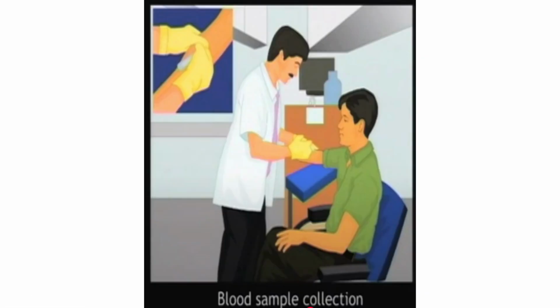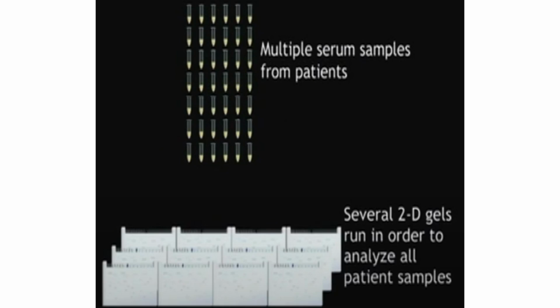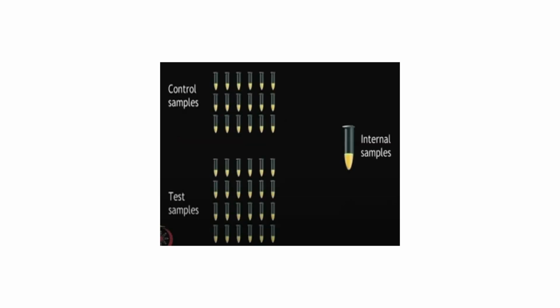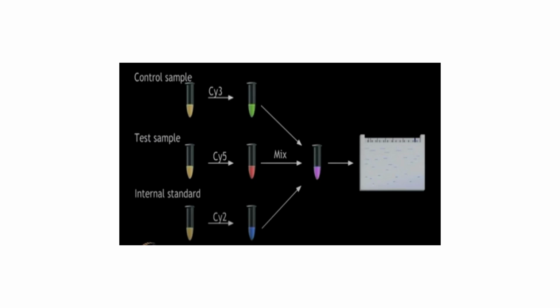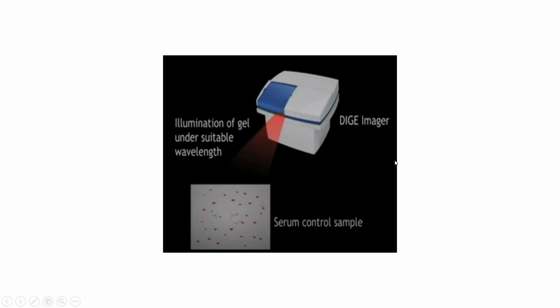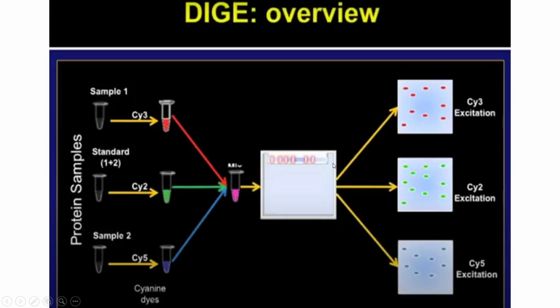So the sir just gave an overview: blood samples are collected, then multiple serums are extracted out of it, then the two-dimensional electrophoresis is performed. Control samples will be stained with one dye, test samples will be stained with another dye, and then all of them mixed together will be stained with a certain dye, and they are mixed together. And then the gel is run. Then it is observed in the illuminator, giving different excitation wavelengths.